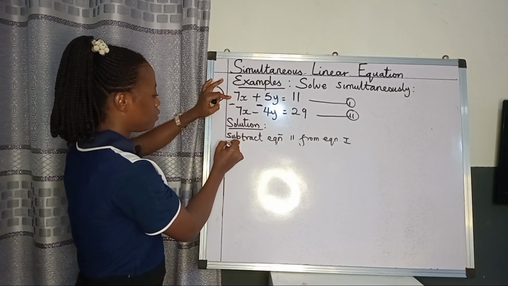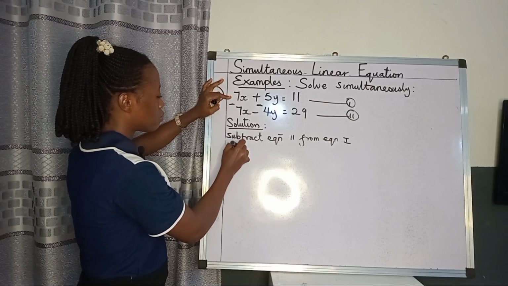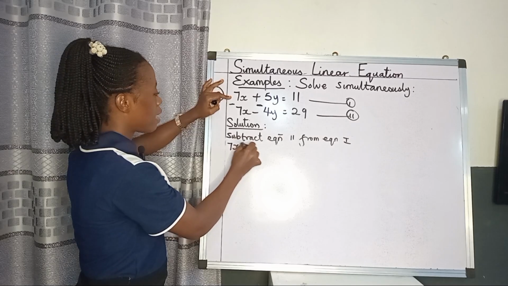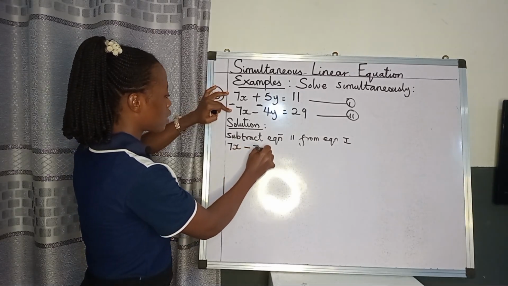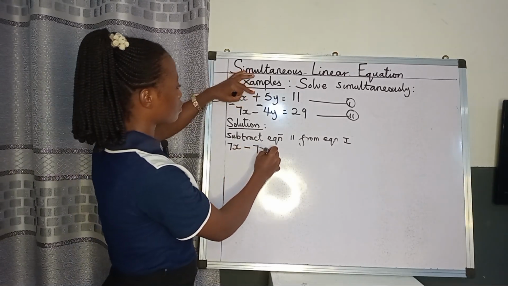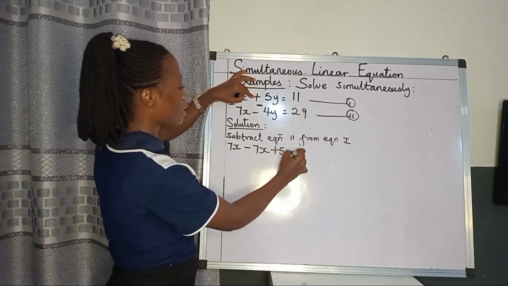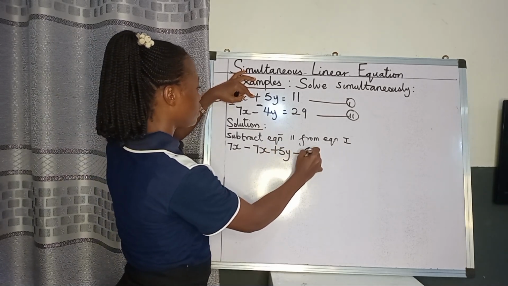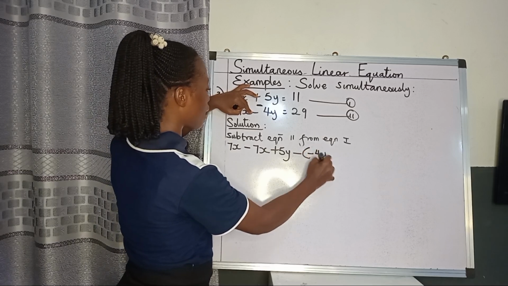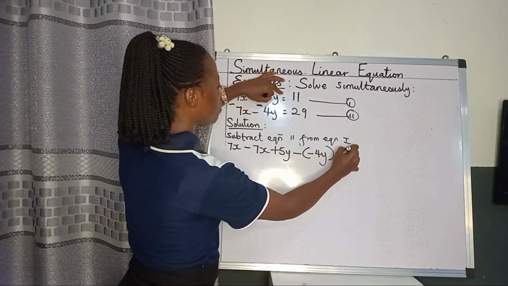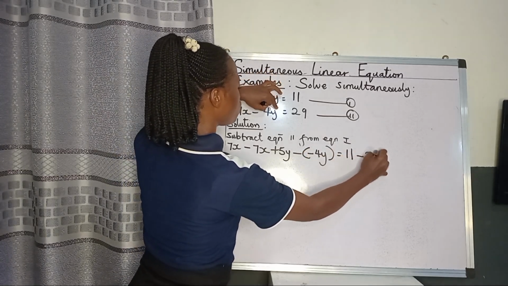So let's go this way. We're going to have 7x minus this 7x. Then moving on, positive 5y. From positive 5y, I'm subtracting negative 4y. Moving on, from 11, I'm subtracting 29.